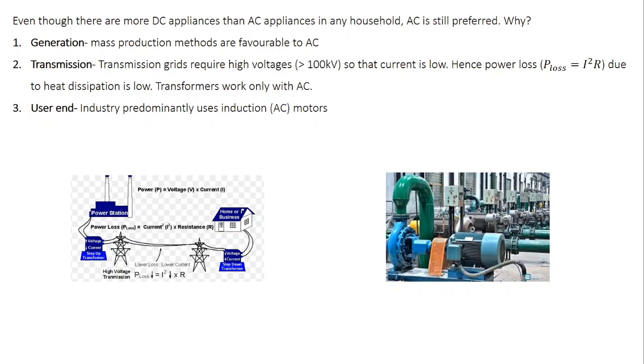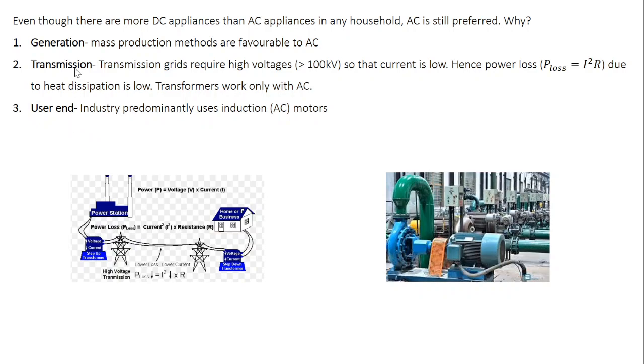But an AC motor is a more cheap, robust and simple method of producing mechanical motion over a DC motor. That's why in industry predominantly they use AC motor or induction motor. So in the user end also AC is preferred over DC.